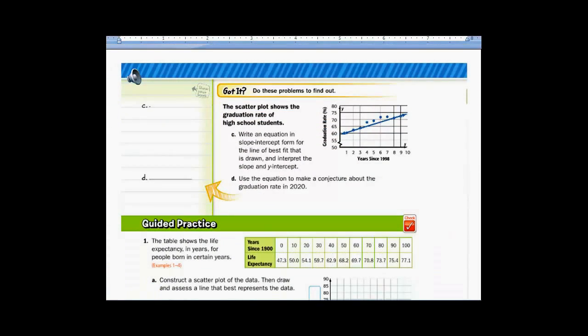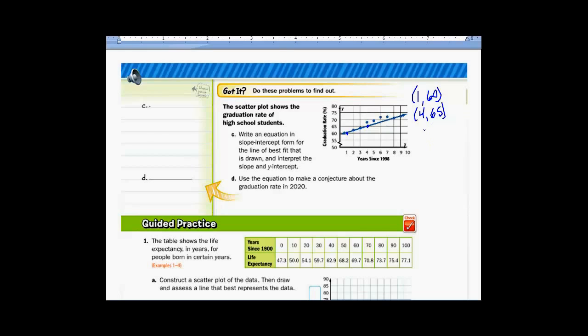Okay, last one that we can try together. So if we talk about the slope, maybe the points that it goes through. It looks like it goes through 1, 60 and maybe 4, 65.